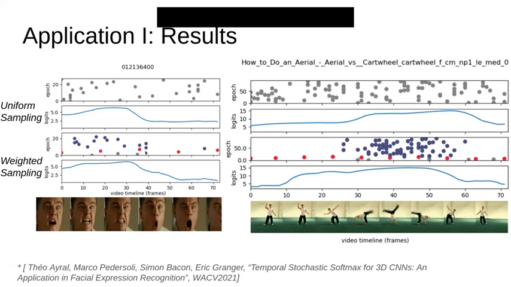While with our sampling that focuses on the part of the video most likely to contain the emotion or the action, we can see that the sampling, represented here with the blue dots, is performed mostly in the part of the video containing the action. So that's why we are able to obtain similar performance, but save quite some computation.